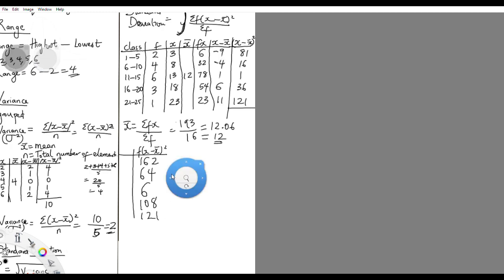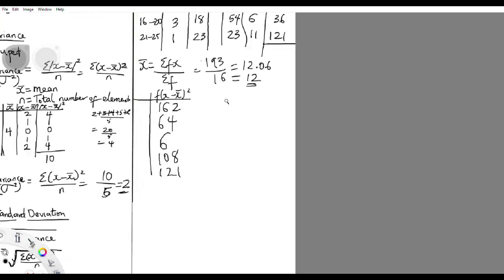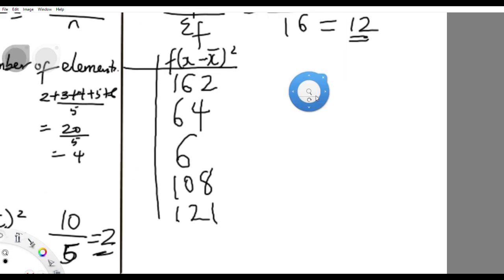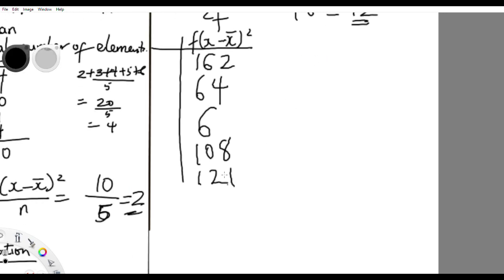Okay, since we already have that, now let's sum it up. Bringing out my calculator, punching it. That's 162 plus 64 plus 6 plus 108 plus 121.